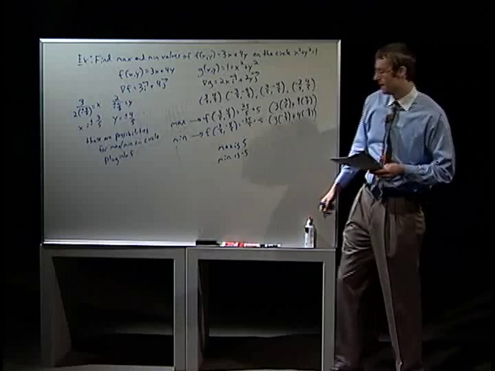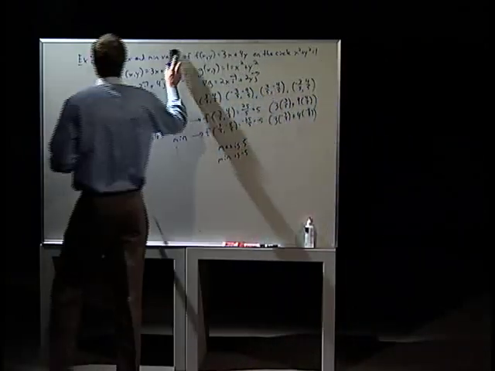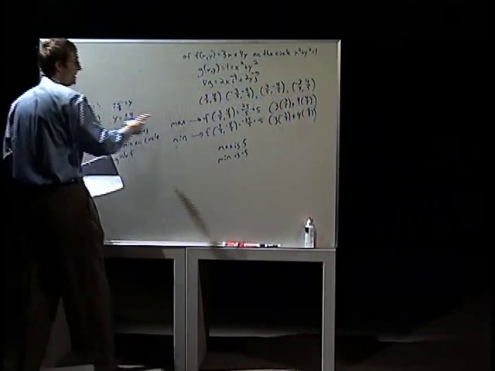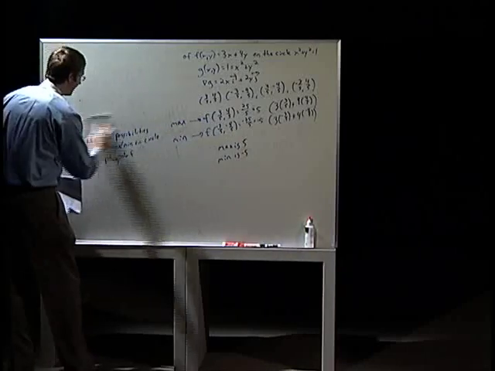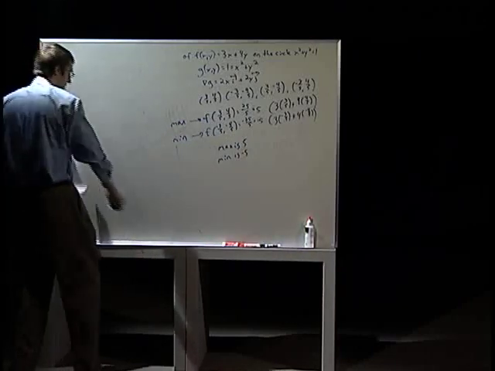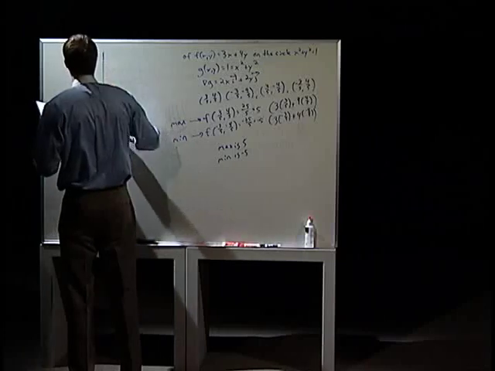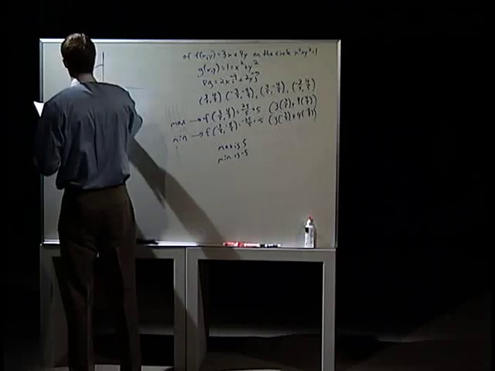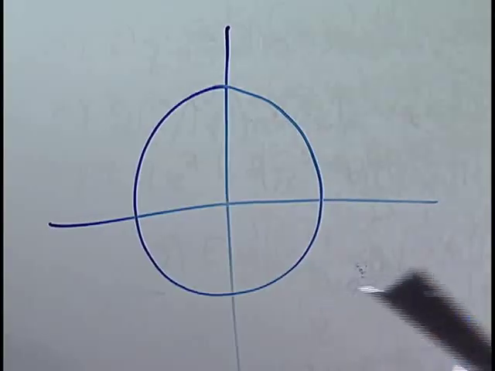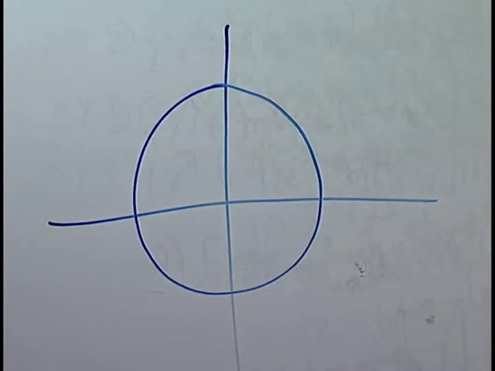Let's look at the geometry for a minute and see what's going on. Intuitively, we kind of knew it'd be these points that were going to work. Let's see why that's true. Let's draw a picture. Here's a coordinate axis. There's a unit circle, x squared plus y squared equals 1.